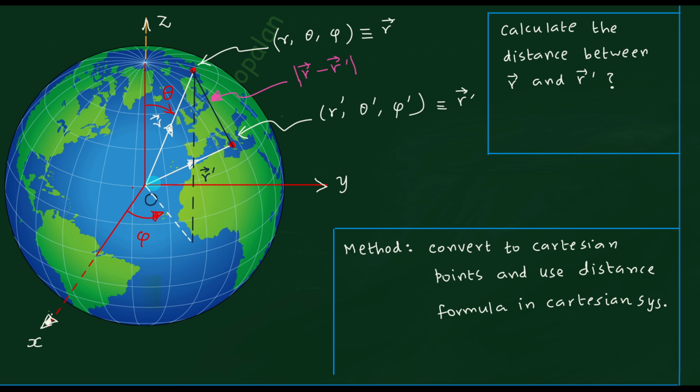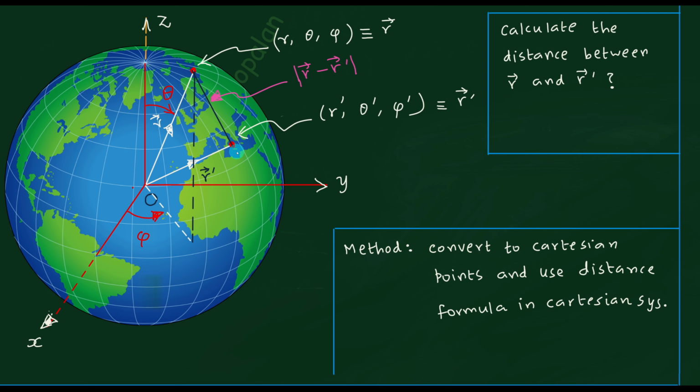Let me first explain this diagram. This diagram is simply representing two vectors. There is one vector r, which is equivalent to (r, theta, phi). This particular point, the red color point here, is given by r, theta, phi, and if you draw a line from the origin to it, that is the r vector. Similarly, there is another red color point somewhere in three-dimensional space. If you draw a white color line from the origin to it, that is called the r prime vector.